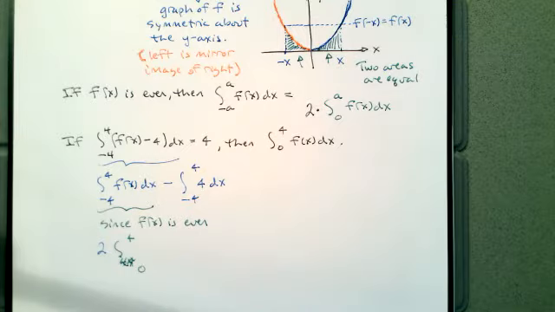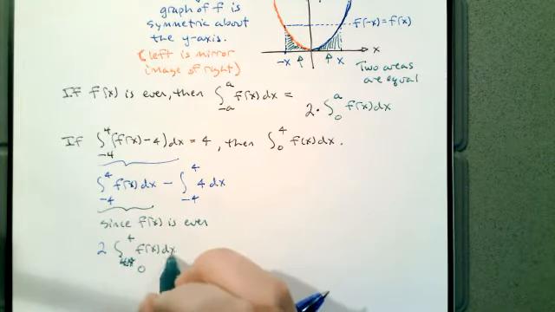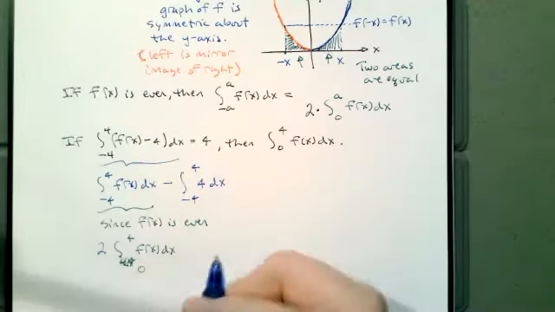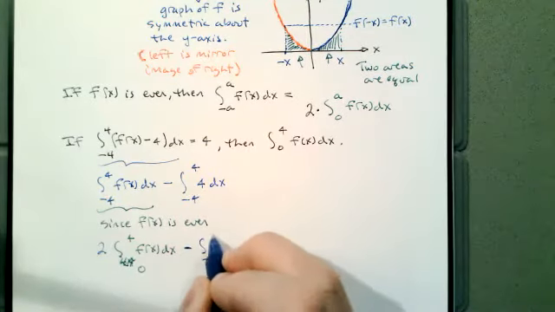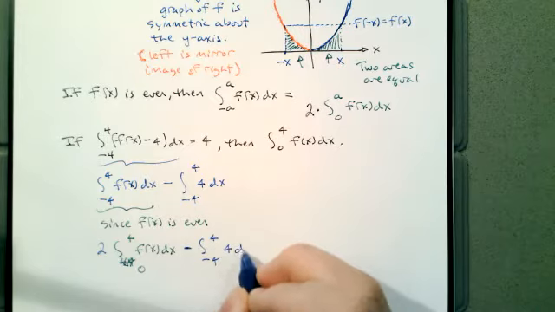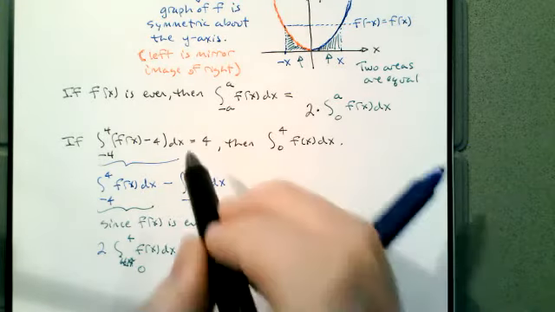That's the whole reason I wanted to do this. We still have to subtract the integral from negative 4 to 4 of 4 dx. And all this is still equal to 4.